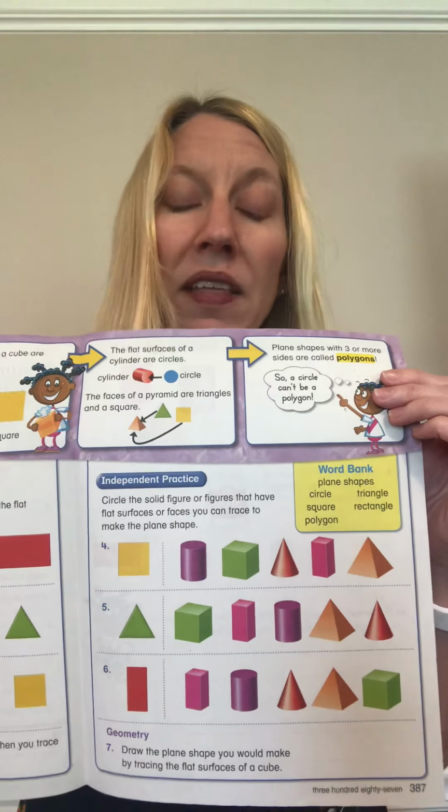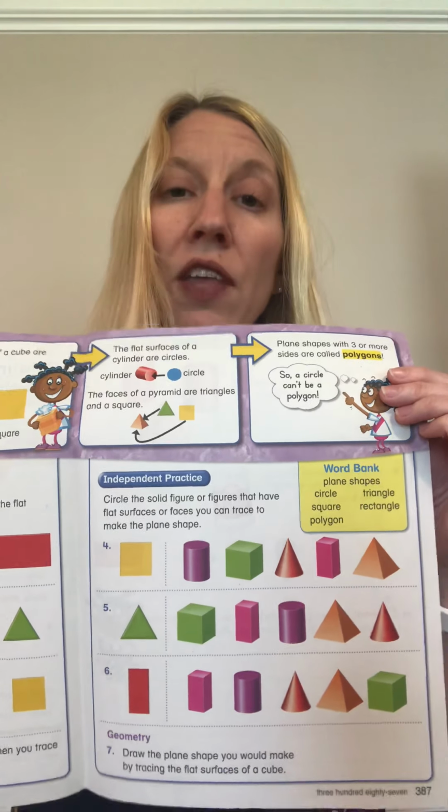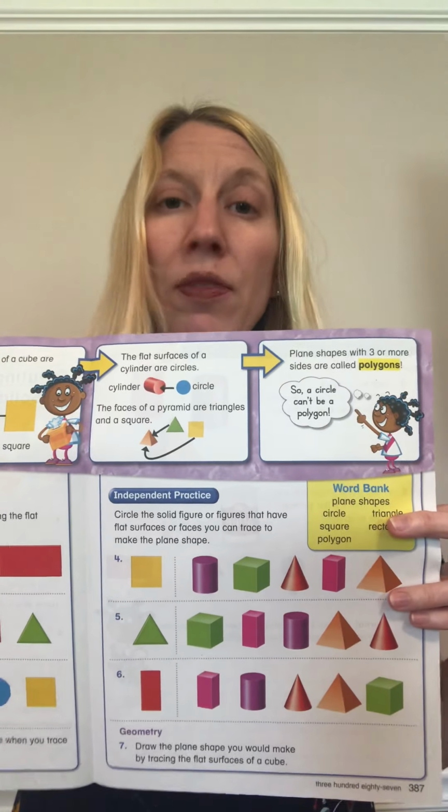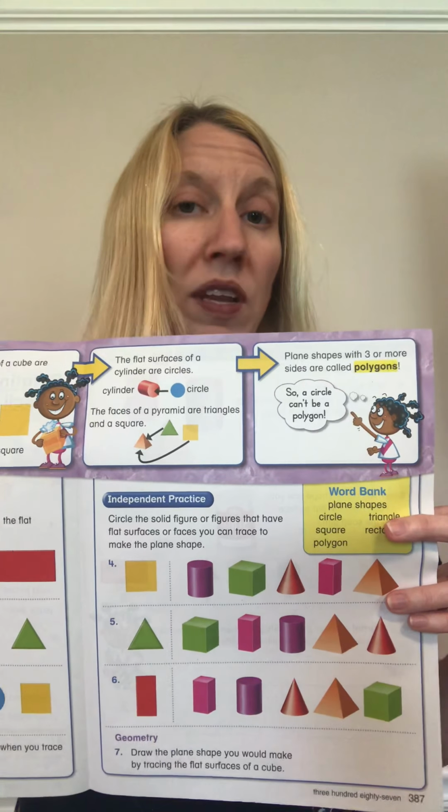Now, on the other side is kind of the opposite. They start with the plane shape, and you have to figure out what solid figures would make those plane shapes. And there may be more than one as well, okay? Because again, for example, if we had the rectangular prism, this plane shape would be a rectangle that it makes, but this side would be a square.